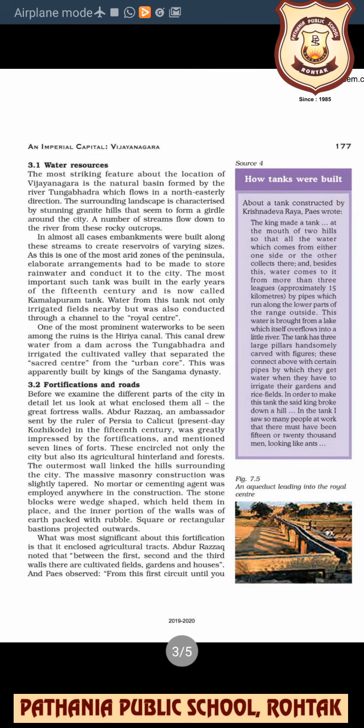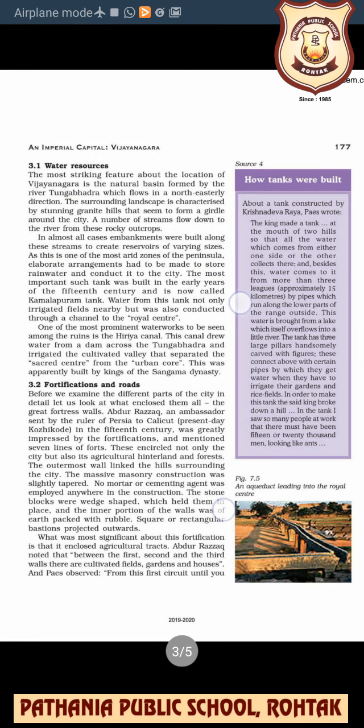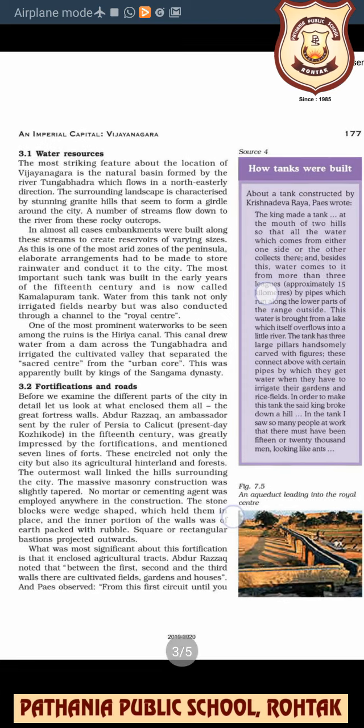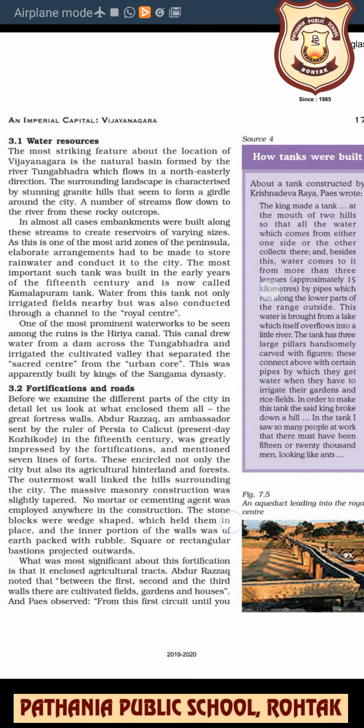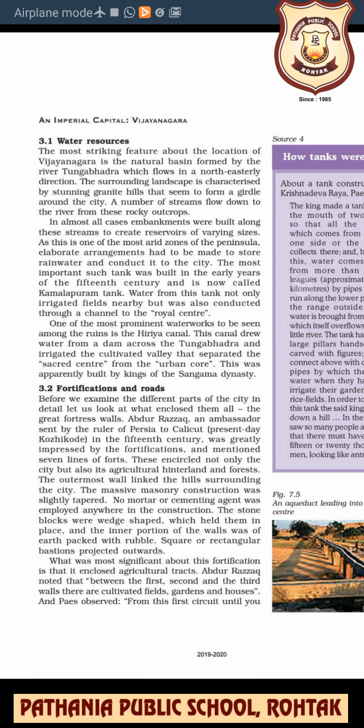The most striking feature about the location of Vijayanagara is the natural basin formed by the river Tungabhadra, which flows in a northeasterly direction, and the surrounding landscape is characterized by granite hills which form a girdle around the city and create a boundary around it. A number of streams flow down to the river from these rocky outcrops. As you know, it is a peninsular plateau area, so whenever a river flows here, it divides into different channels.